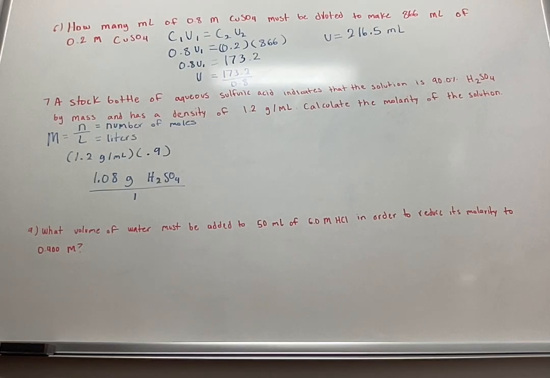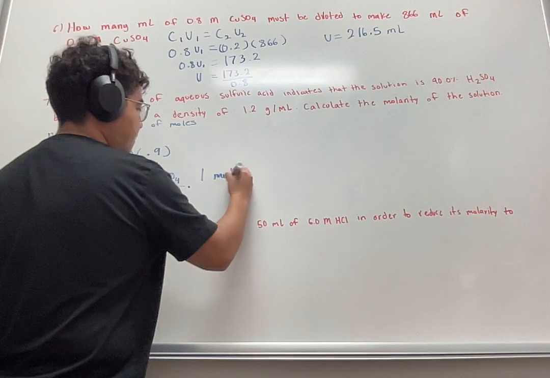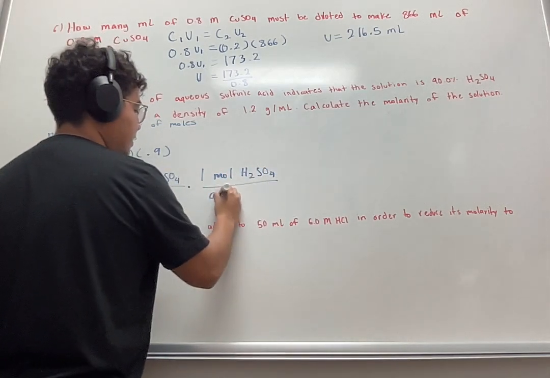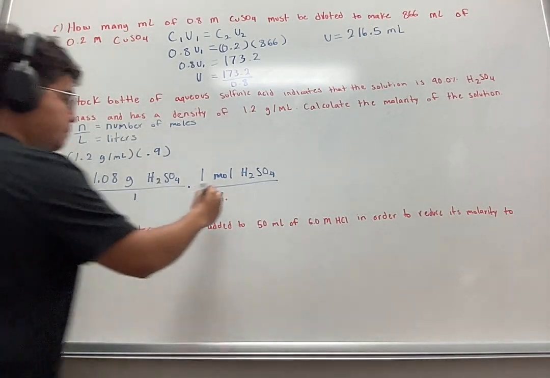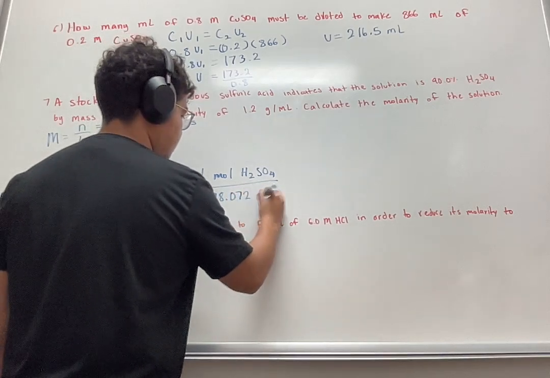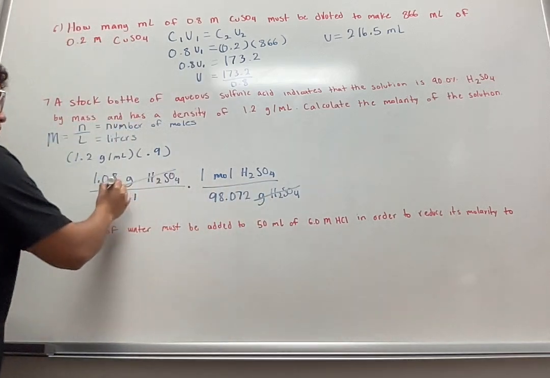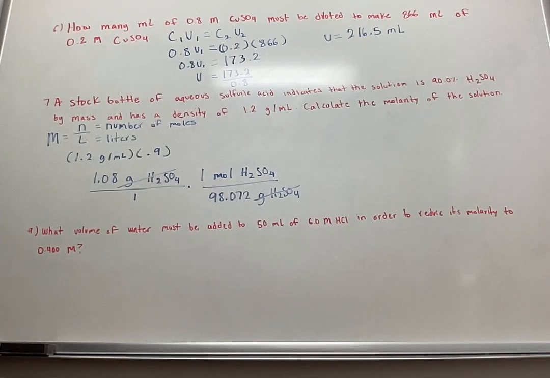Either way, you should get something like 98.072. So 1 mole H2SO4 over 98.072 grams H2SO4. Grams cancel out grams, and we end up with the moles of H2SO4. So we're pretty much done after that.